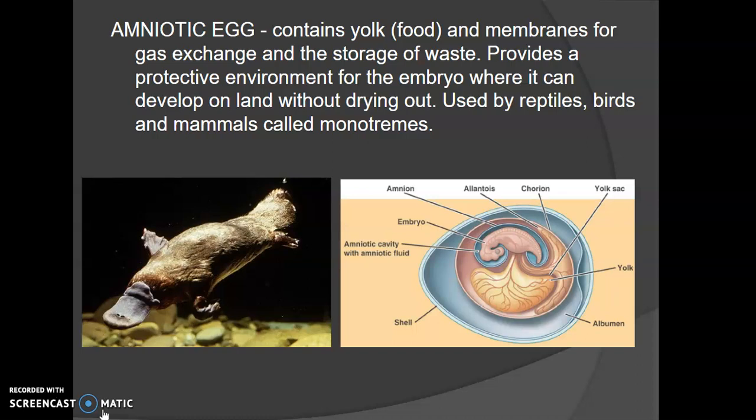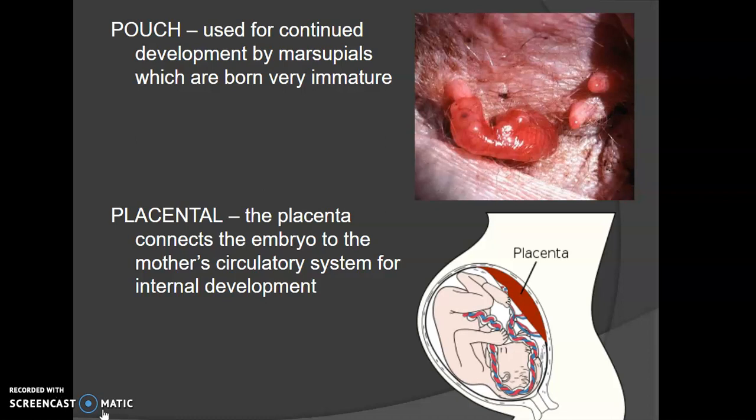The animal that you see that looks kind of odd is called a duck-billed platypus. It is a monotreme, that is the category that it's in. And it's the only mammal that reproduces using an egg. There are a few mammals that reproduce using a pouch, and so the young are born very, very immaturely, and then they wiggle their way up to a pouch, and inside the pouch they continue their development and feed from the mother.